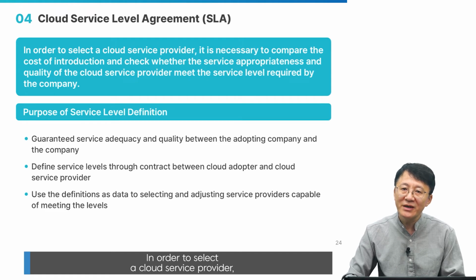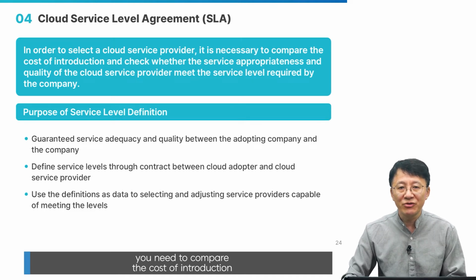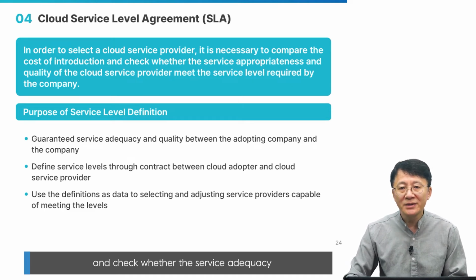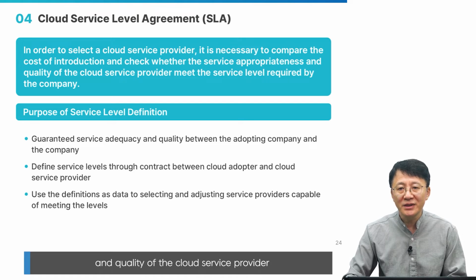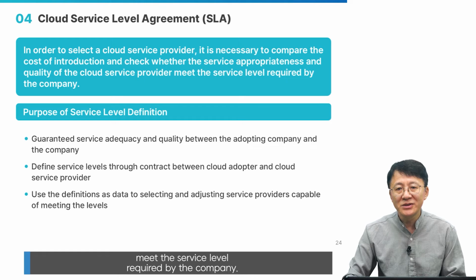In order to select a cloud service provider, you need to compare the cost of introduction and check whether the service adequacy and the quality of the cloud service provider meet the service level required by the company.